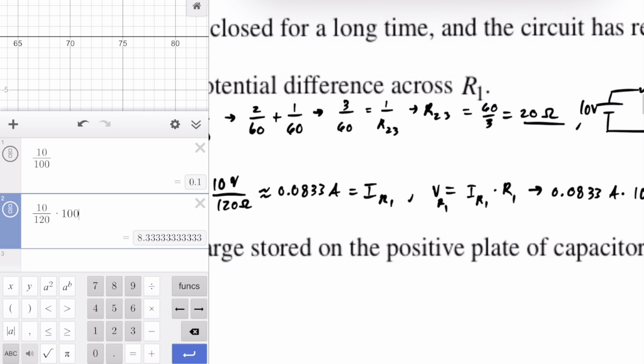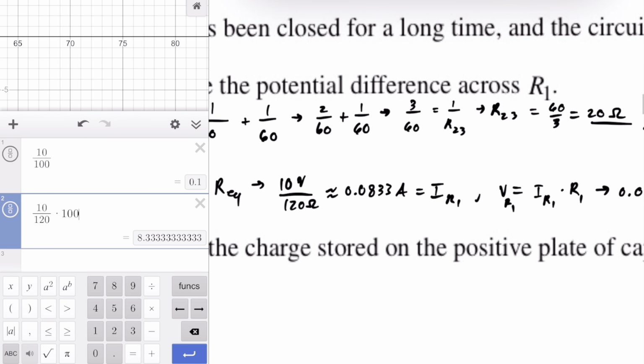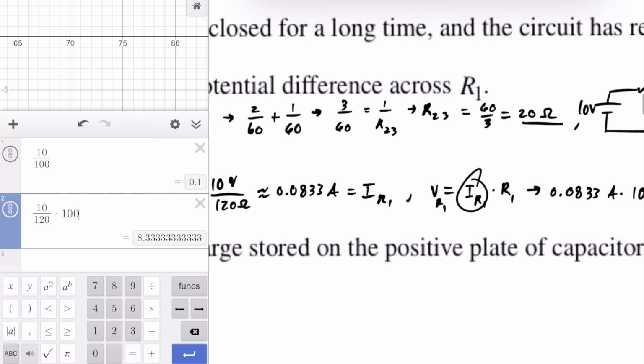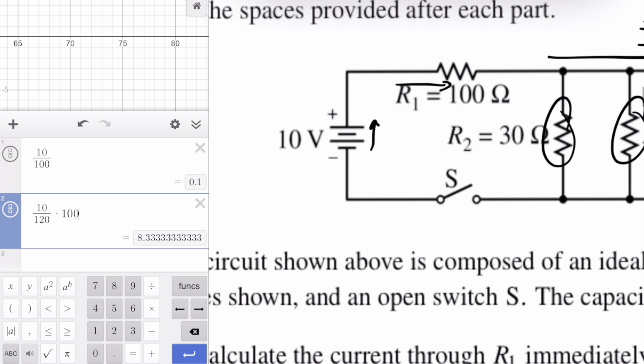That's the voltage across R1. That's what we need. And now you might be thinking, hey, didn't you just say, how can this current and this current be the same? That's just how it works in this class, right? The current going through the battery is the current going through all of the resistors in series.